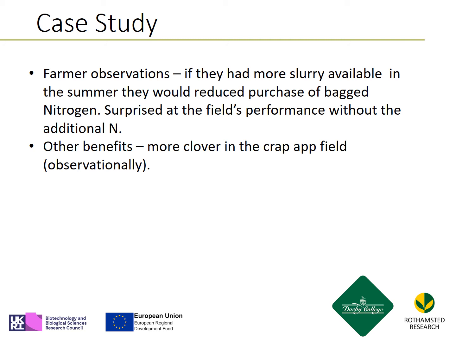And an observation that they made was there was more clover in the field that was managed with the crop app compared to the traditional management, because I think ammonium nitrate is known to affect clover growth. So if you don't apply it, then you're going to have better clover growth.